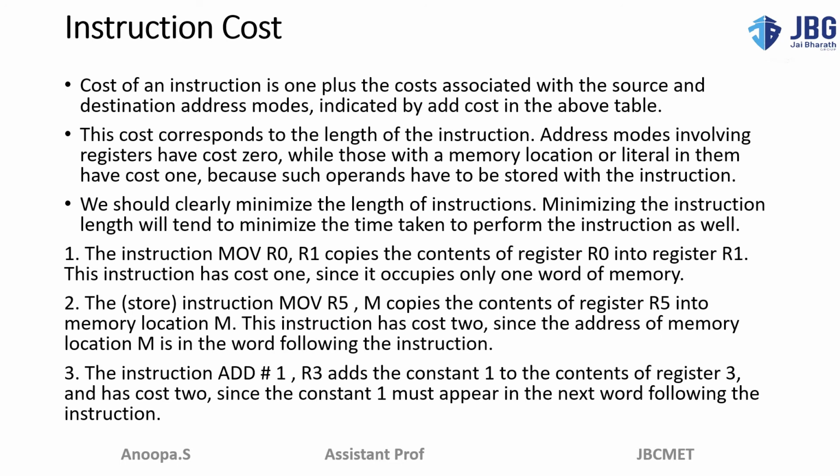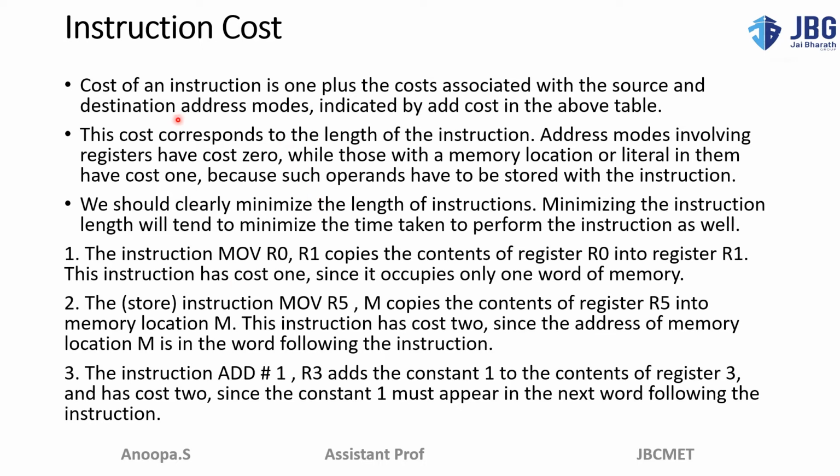Now, how can we calculate the instruction cost? We have seen in the previous table that if the value is available in a register, we don't have any cost, and if we have to refer to a memory location, we have a cost of 1. So when we calculate the instruction cost, we will add 1 to that cost.